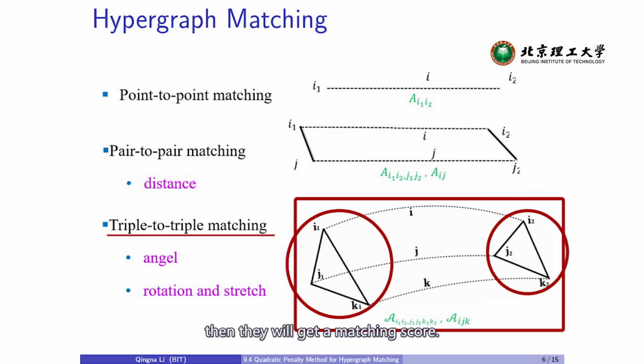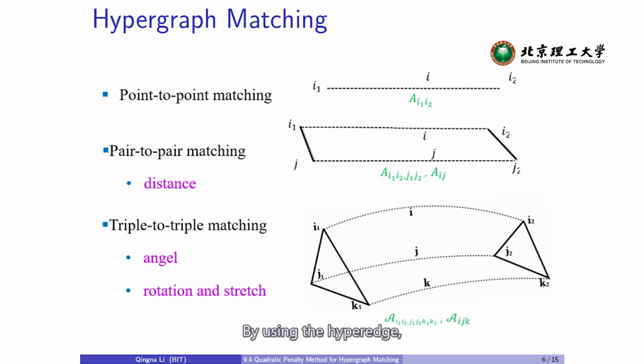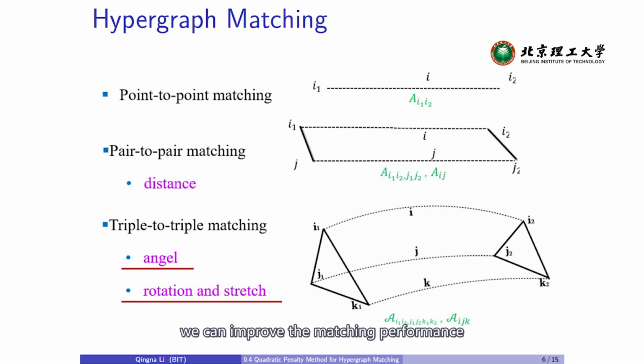Then they get a matching score. By using the hyperedge, which contains more than 2 points, we can include more information such as angle information as well as rotation and stretch. By using more information, we can improve the matching performance or matching result.